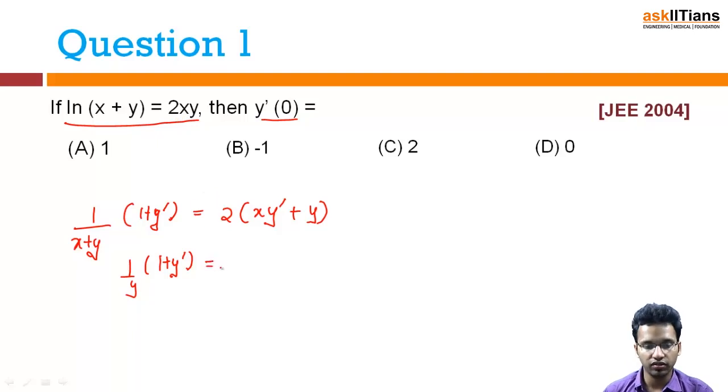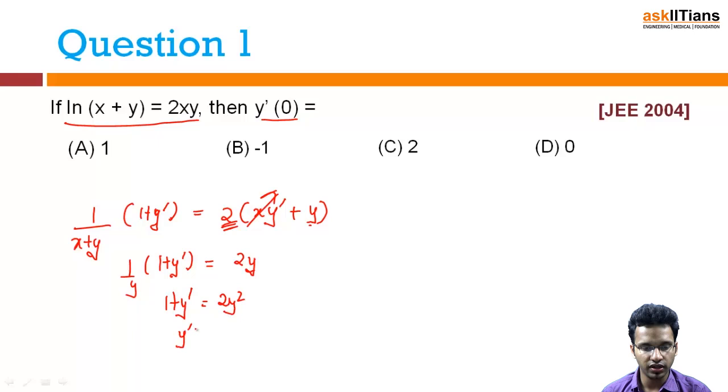So this is equal to 2y. Basically the 2x term becomes 0 at x equal to 0, leaving 2y. So 1 plus y dash comes out to be 2y square, and y dash at 0 comes out to be 2y square minus 1. The only thing left is to calculate y.